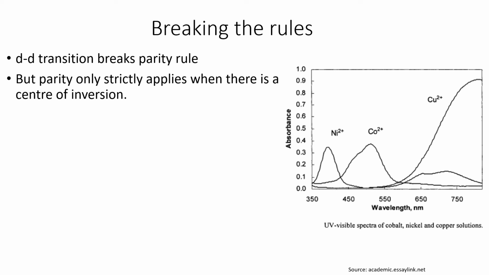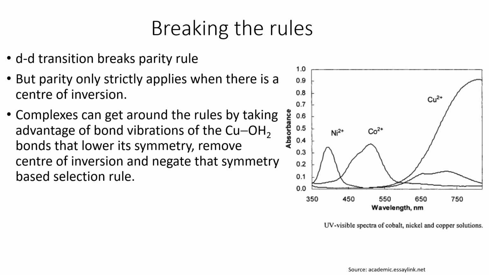But if you're in a species where there was no centre of symmetry, then the whole thing just isn't an issue. There'd be no parity labels, and parity wouldn't even be something to think about. And so when it comes to how you can observe one of these parity rule breaking transitions, there are cunning ways that nature can get around this.